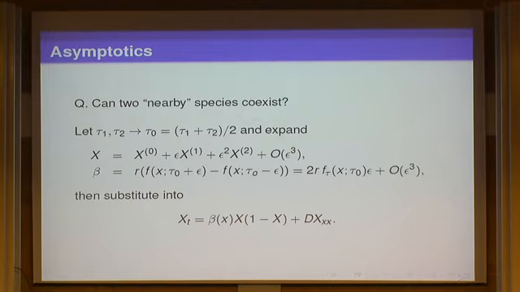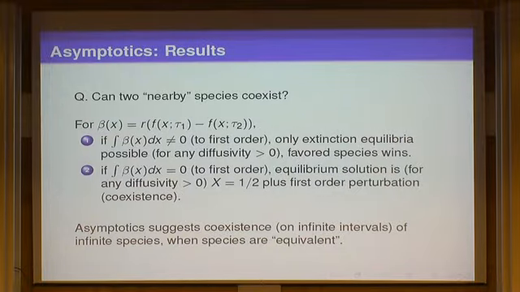They could separate space, so one species occupies the right-hand side and one occupies the left-hand side, which would suggest that your continuous species will break down into a finite number. Or you could have the 2 species basically occupy all of space together, and it's actually the second one that happens.